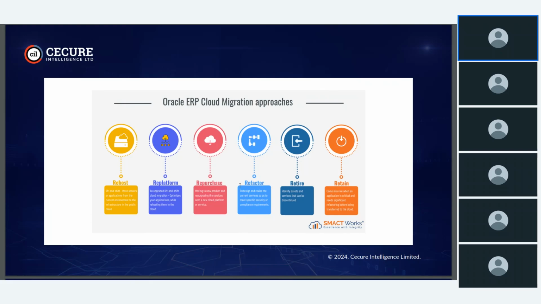You're not actually making changes to the underlying infrastructure here. So replatforming is just a small optimization that you do to your applications when you migrate to AWS. You're not actually taking advantage of AWS, but you can optimize your workload.